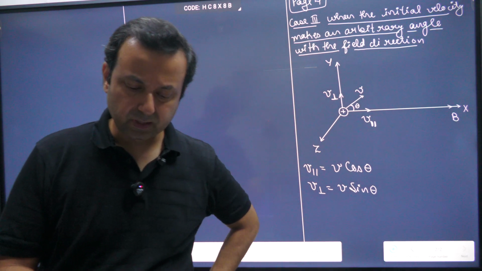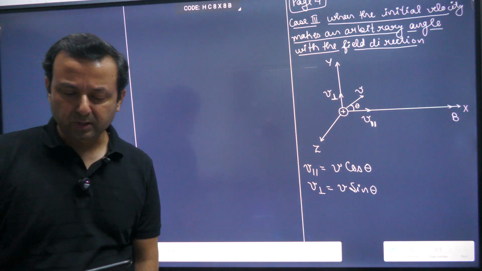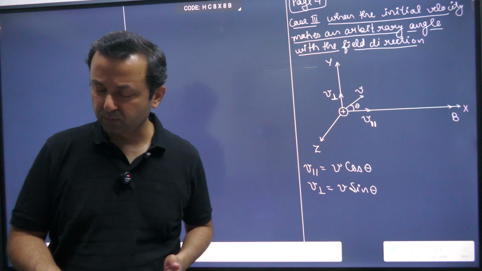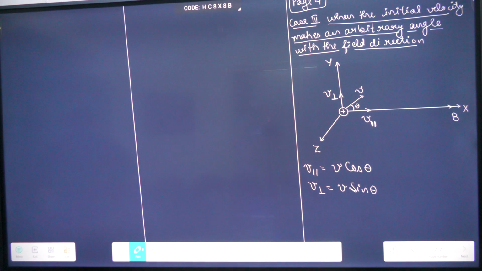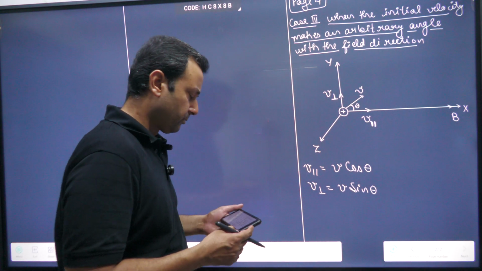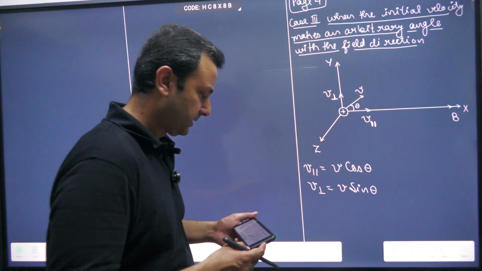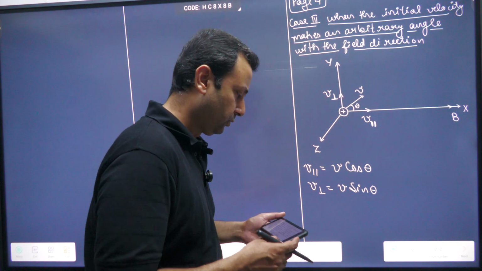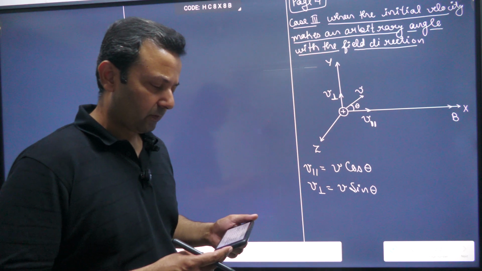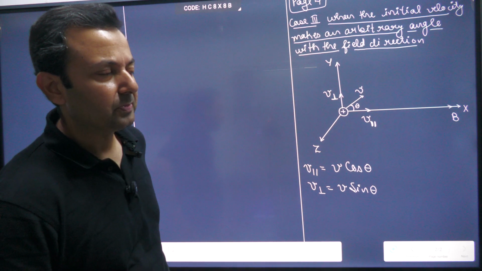On page number 28 only, due to this component of velocity, the charged particle experiences a force F is equal to Q V perpendicular into B, which acts perpendicular to both V perpendicular and B vector.